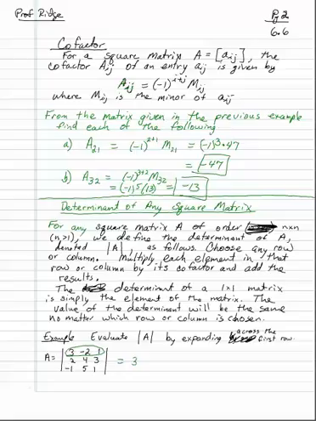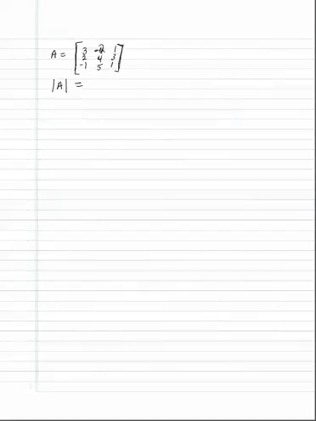So 3 is a sub 1,1, so it'll be 3 times the cofactor of a sub 1,1, plus negative 2 times the cofactor of a sub 1,2, plus 1 times the cofactor of a sub 1,3. Okay, so again we're expanding. I rewrote it so I don't have to flip back and forth.